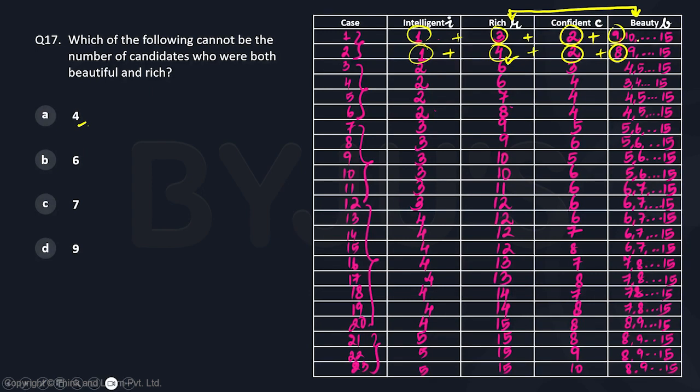Or there are 4 candidates who are beautiful out of those 8 who cannot be rich because the sum is 15. So 4, the very first option, is not possible. And in the cases further, we do not see any more 4 rich contestants. There are more than 4. So we can say that 4 cannot be the number of candidates who are both.